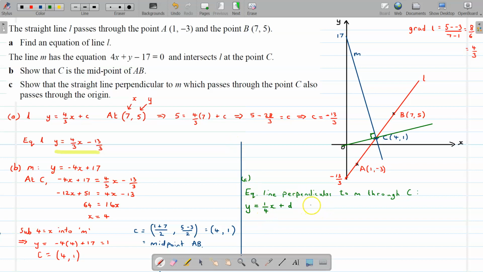Now, we know that at C, x equals 4 and y equals 1, because those are its coordinates. So using this equation, y equals a quarter of 4 plus d.